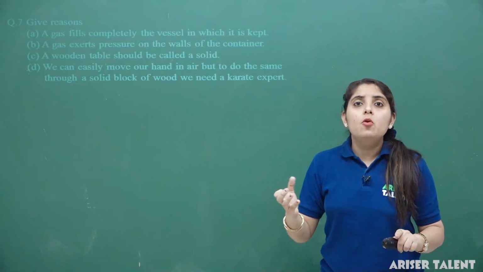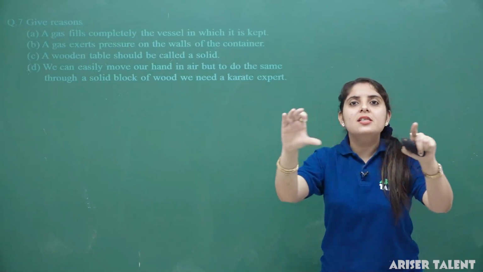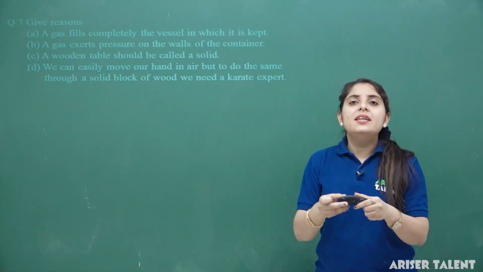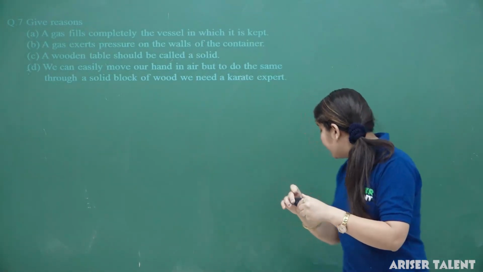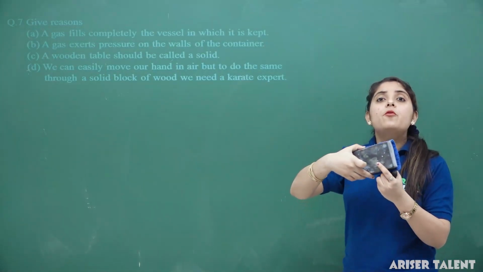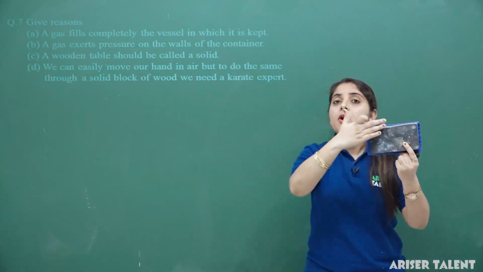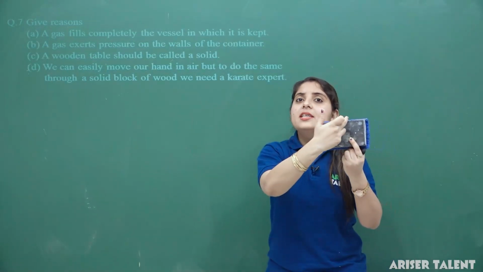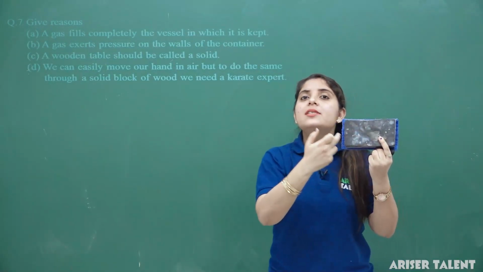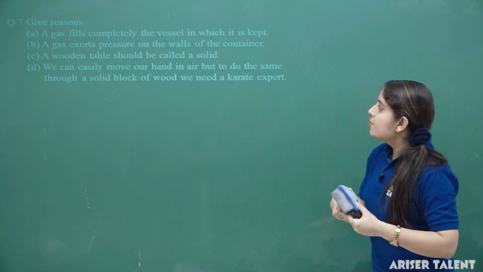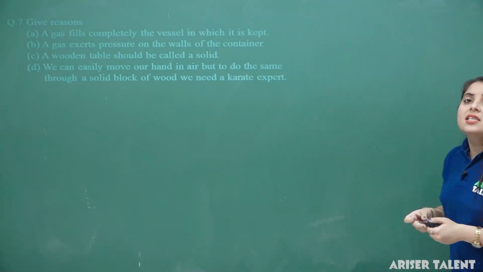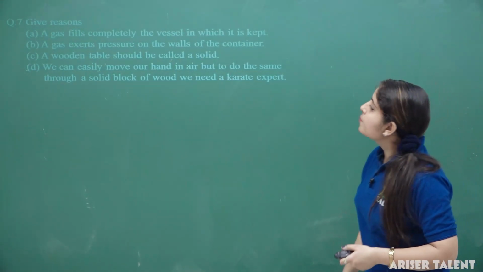So if I move my hand, there is a space between them. But if I consider an example of solid, I will not be able to move my hand in this block, because it is a solid and it does not have any intermolecular separation between these particles. So these are the basic reasons for some of the problems.